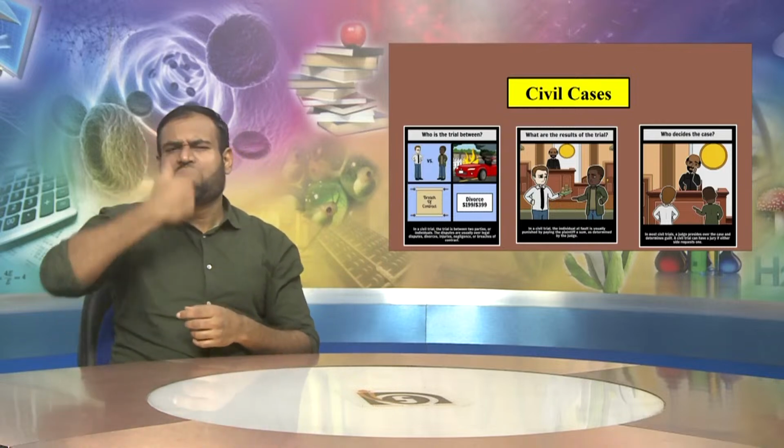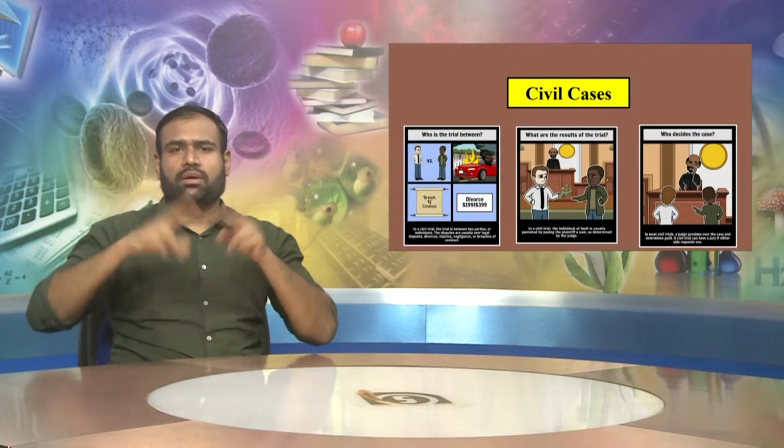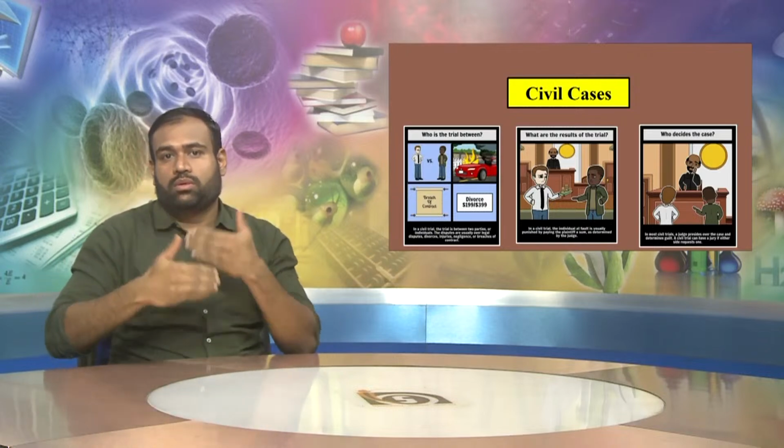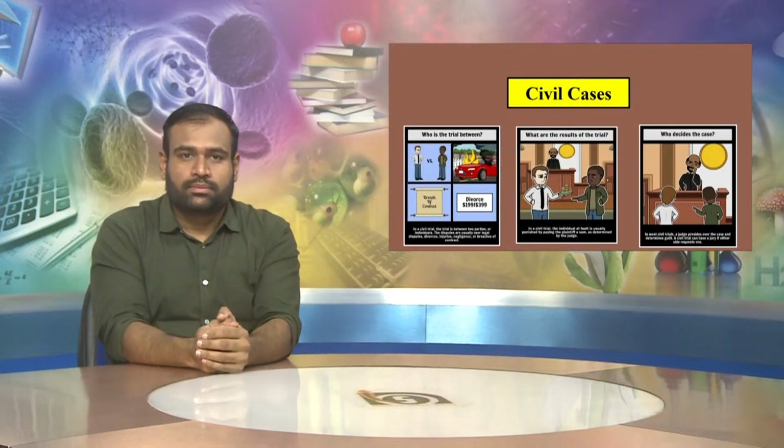In a civil trial, the individual at fault is usually punished by paying a penalty, a sum as determined by the judge.